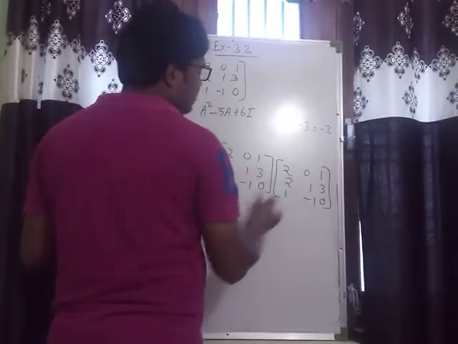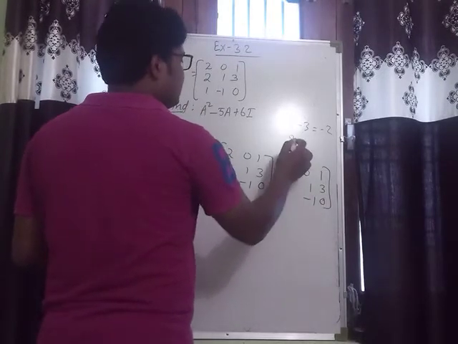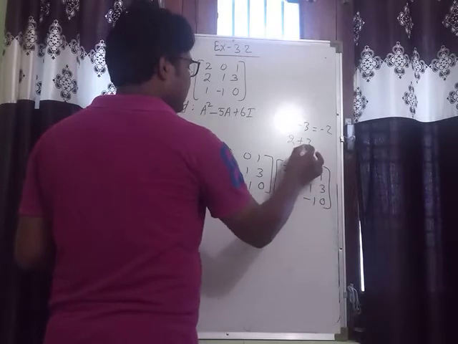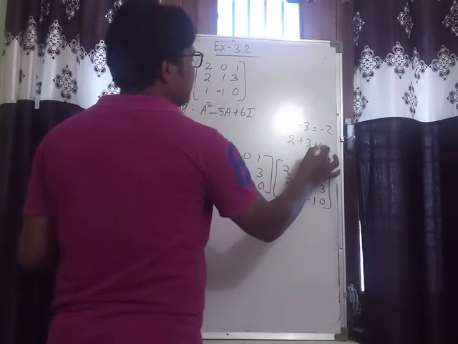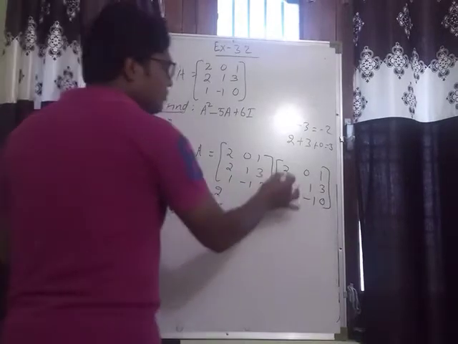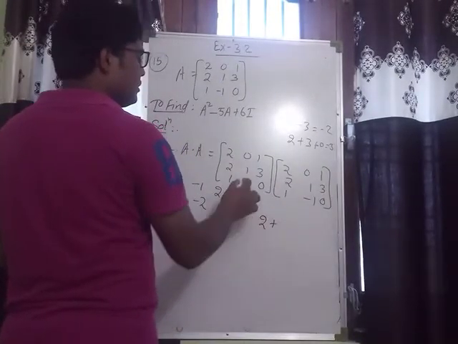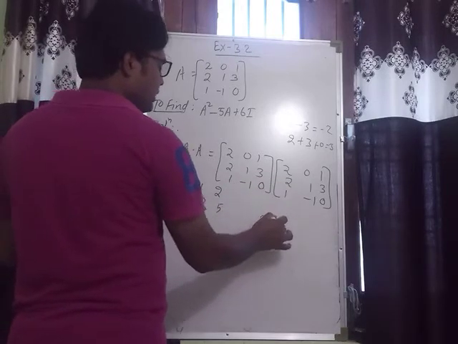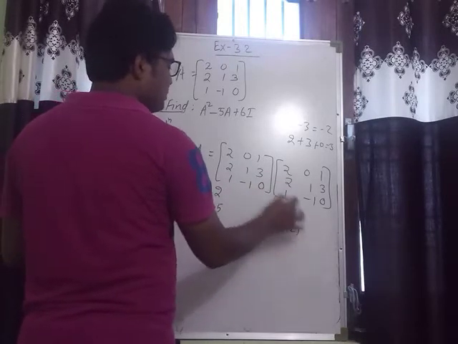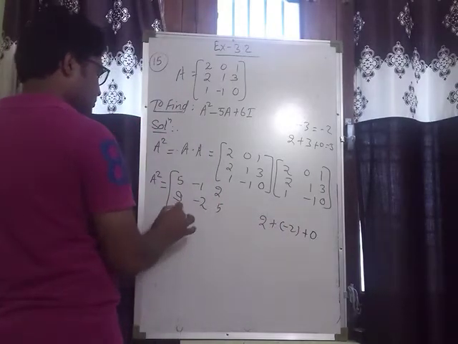Now second row, third column: 2 ones are 2, plus 1 three is 3, plus 3 into 0, 0. That is 5. Now third row, first column: 1 two is 2, plus minus 1 into 2, minus 2, plus 0 into 1, 0. So that will be 0.